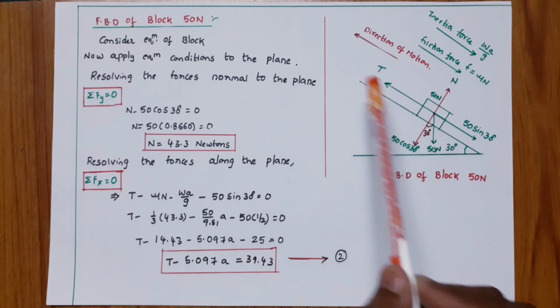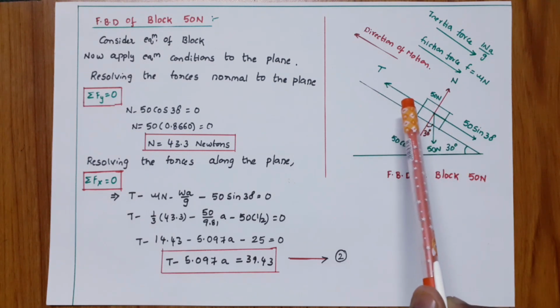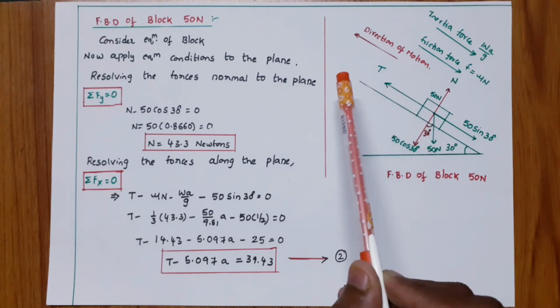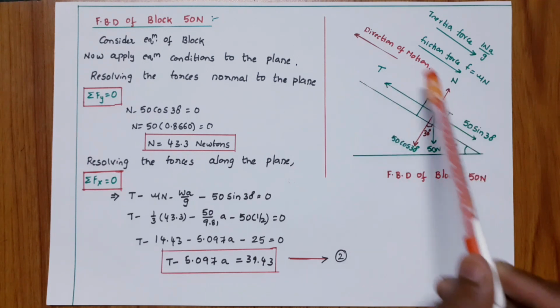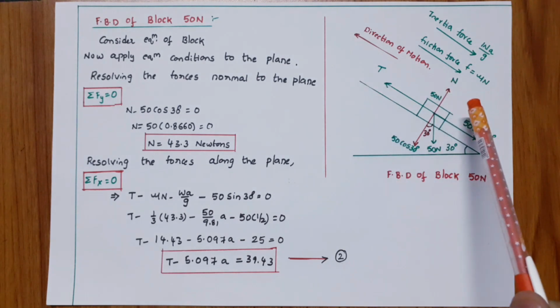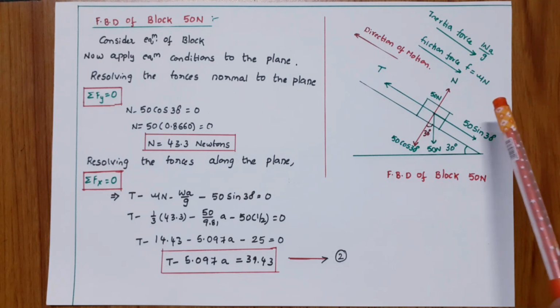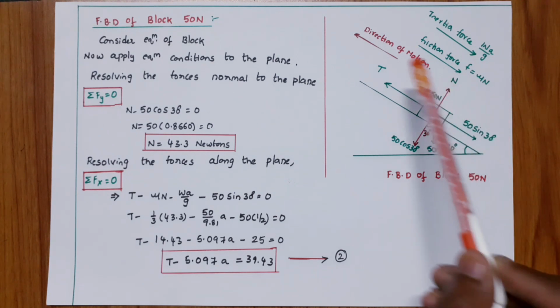This is the string. The tension force always acts away from the block, so the tension acts upwards. The direction of motion is upwards. The inertia force and friction force act downwards, always opposite to the direction of motion.